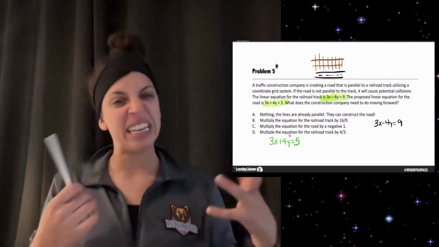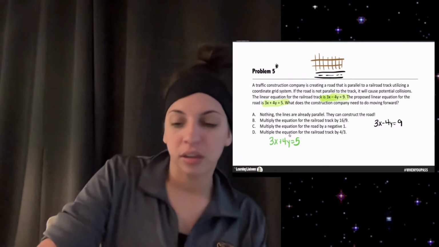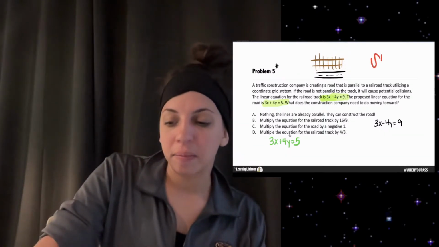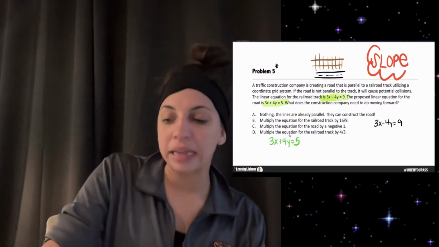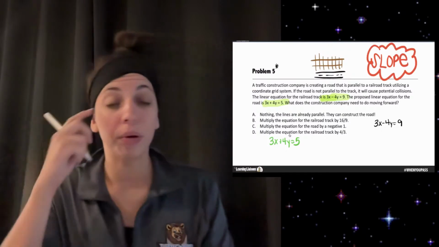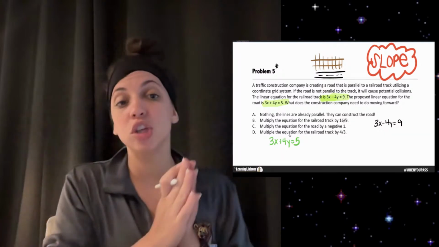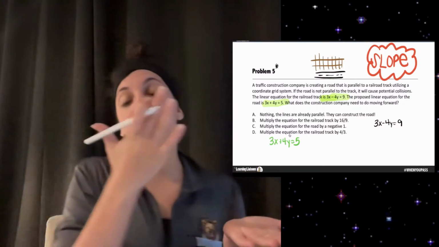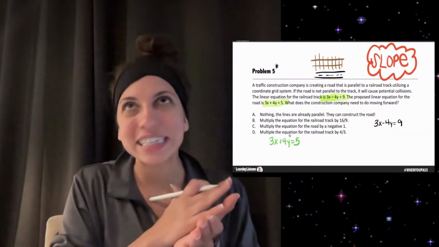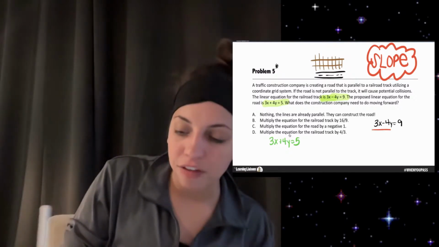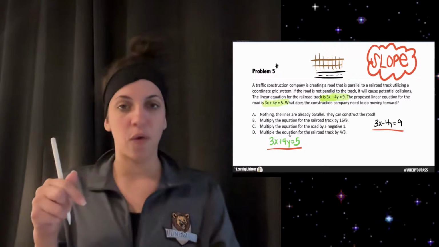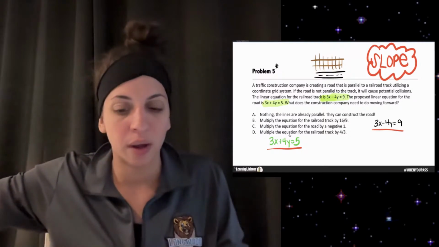What information do I need? I need my slope. I need my slope because if they have the same slope, they are parallel. If they have negative reciprocal slopes, they are perpendicular. And I cannot figure out my slope in standard form. It has to be in some other form.